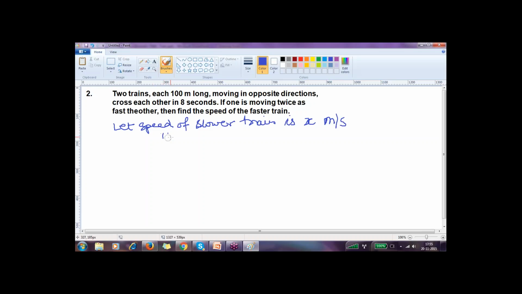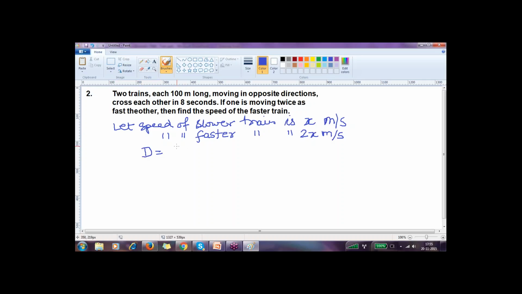Then the speed of the faster train is what? It will be 2x meters per second. Right? Okay.